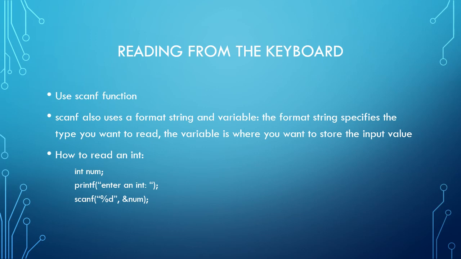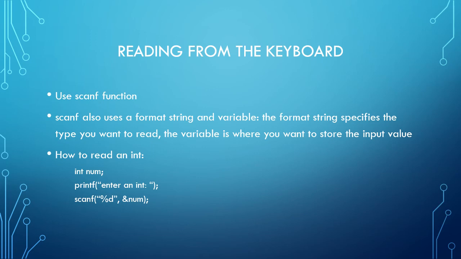And then you have to give it a variable, which is where you're going to store the input value. So when the scanf is executed, execution will pause, and when you type something at the keyboard and hit enter, the value that was entered will be put into the variable that you listed in your scanf statement.